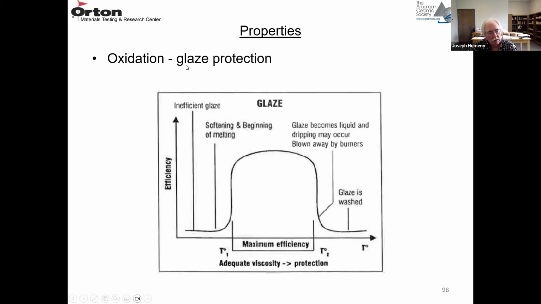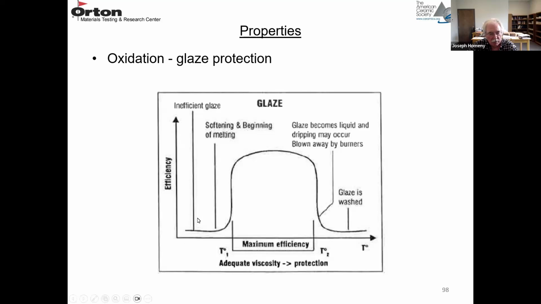I thought I'd mention this slide for glaze protection. So the vertical axis is efficiency in providing oxidation resistance, and then the horizontal axis is temperature. So there's a temperature region for maximum protection against oxidation. So if you're down here at a low temperature, you spray a powder onto the surface of the composite.